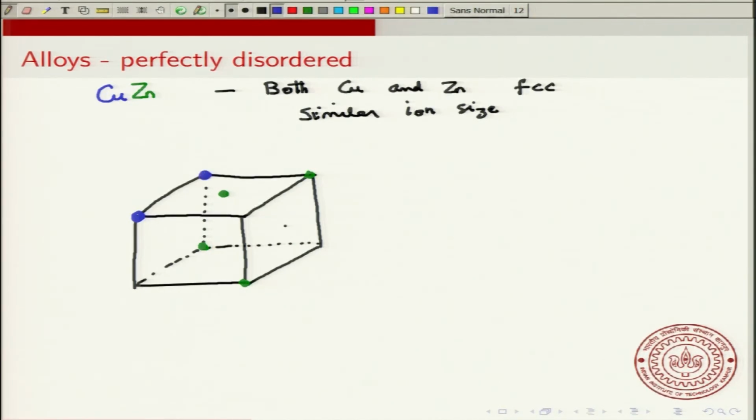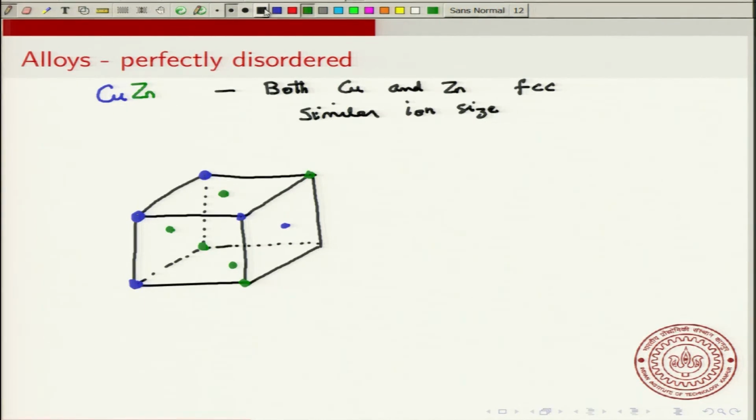That means you can have some copper, some zinc, and you cannot really tell which is which. So, here you have a case of a completely disordered alloy. This is typically the case for alloys. So, they are perfectly disordered.